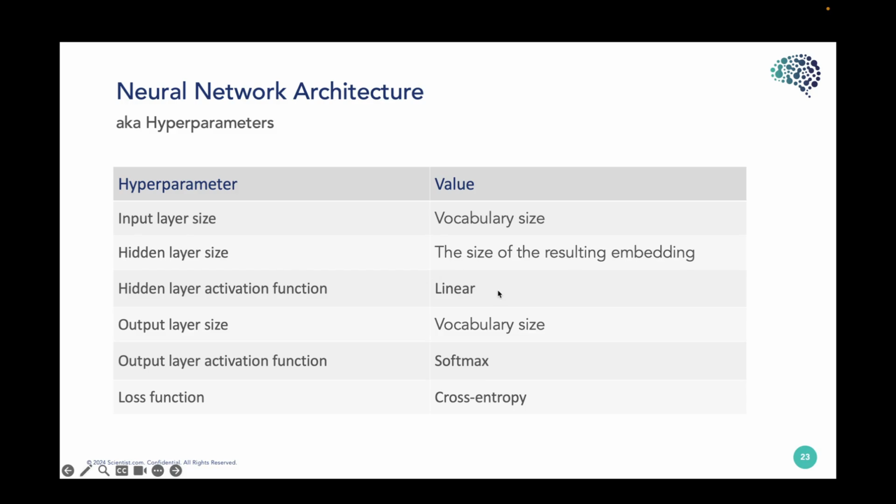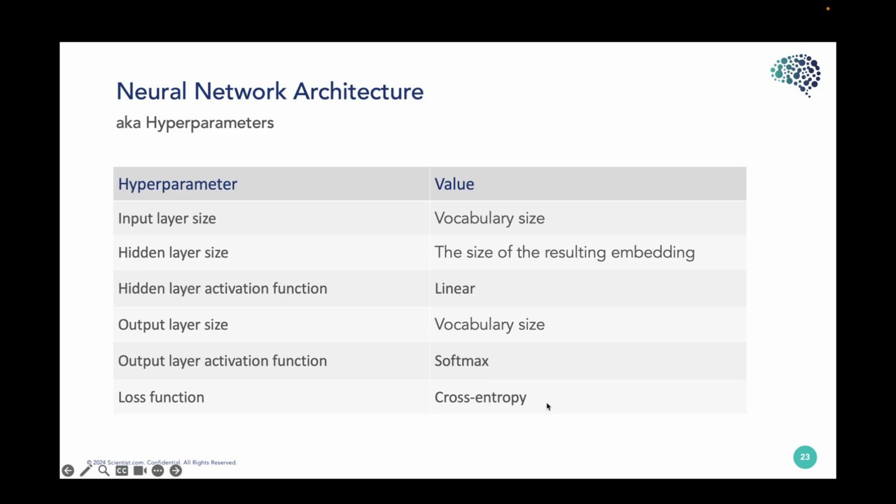We're going to keep it simple and use a linear activation function for our hidden layer. And then for our output layer activation function, we're going to use softmax, and our loss function is going to be cross entropy. You will recall these are the same functions we used for tic-tac-toe. Softmax essentially creates a probability distribution, but it's a probability distribution that deals nicely with negative numbers and with zeros.